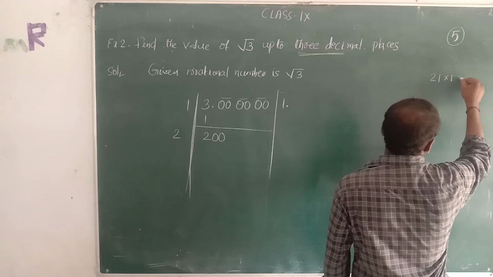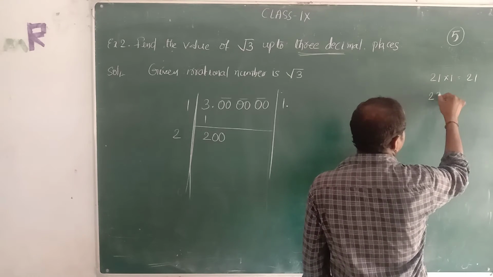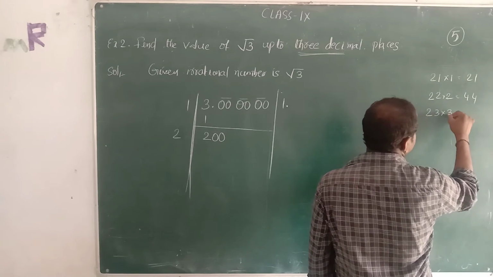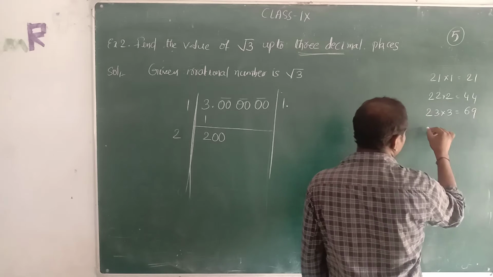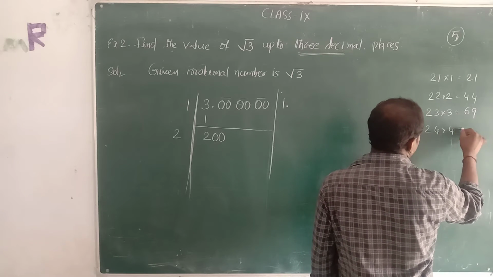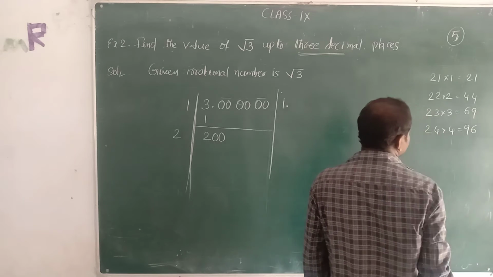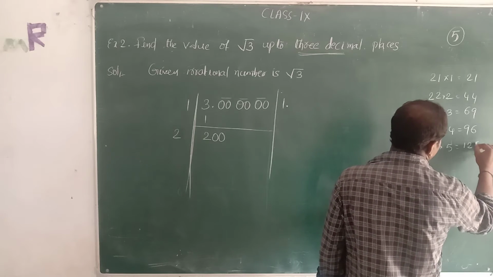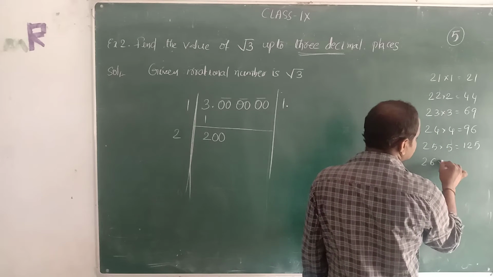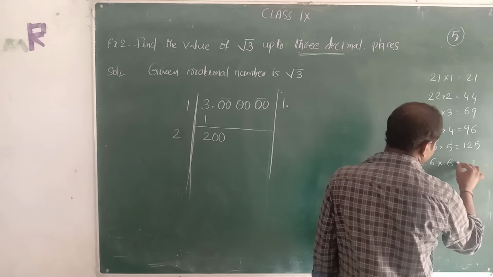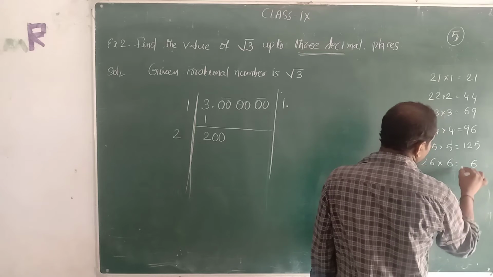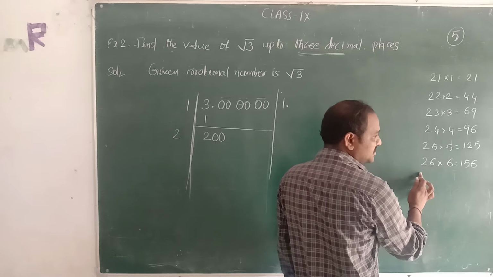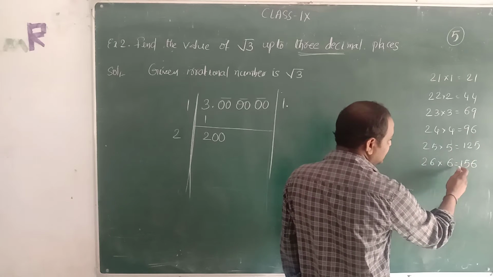21 ones are 21. 22 twos are 44. 23 threes are 69. 24 fours are 96. 25 fives are 125. 26 sixes are 156. 6 sixes are 36, 6 twos are 12 plus 3 is 15.